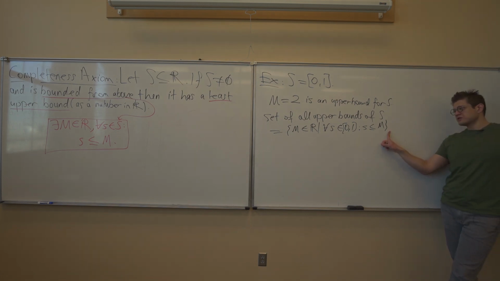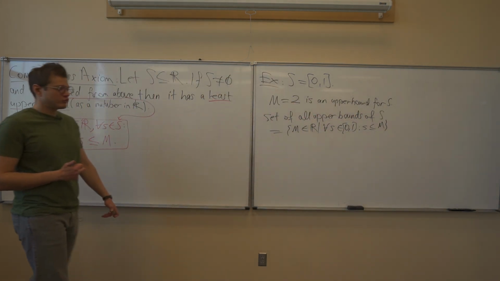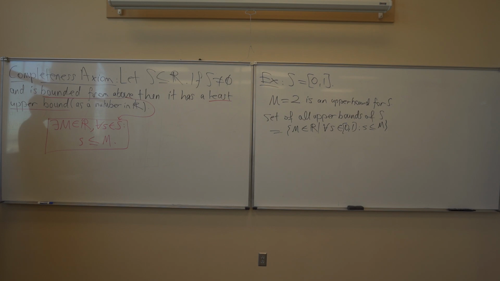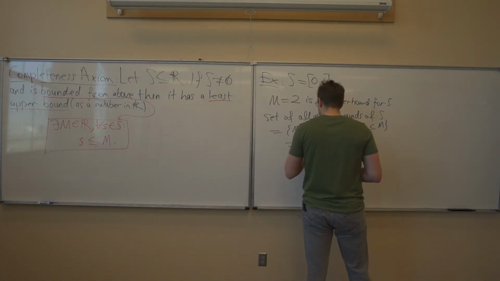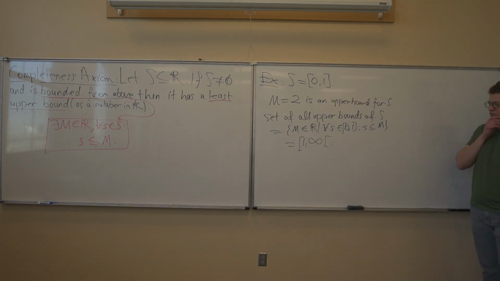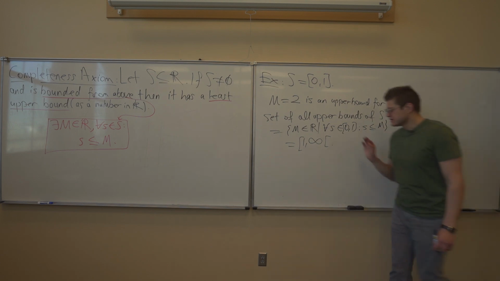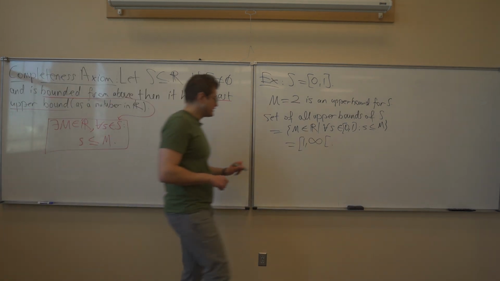Now, can I write this in a much friendlier fashion? This set includes 2. It includes 1 also. And when you think about it, it should include any number greater than or equal to 1. So this is just a bizarre way of writing the ray 1 to infinity. If this is not clear, it's a good exercise to go through the motions and try to formalize this idea.